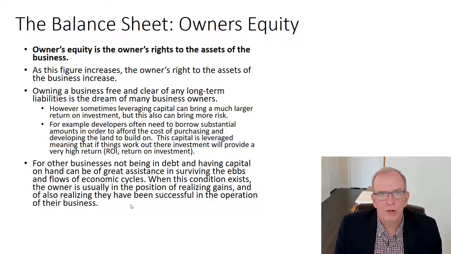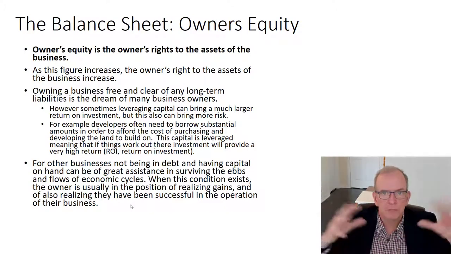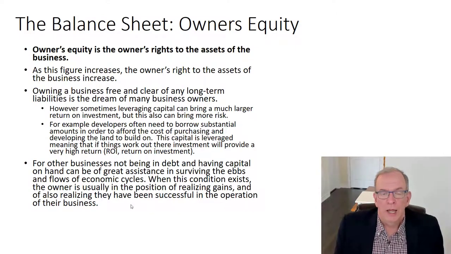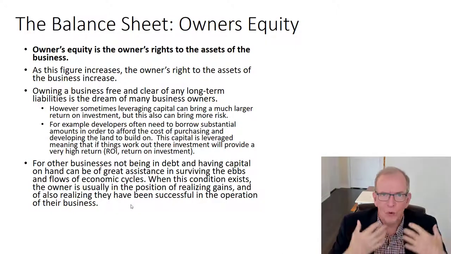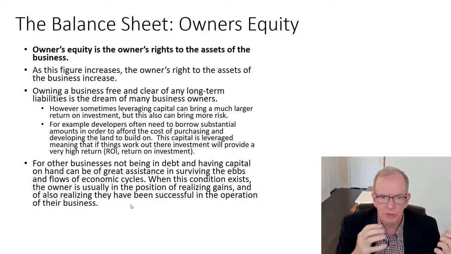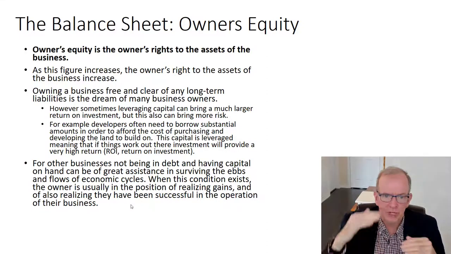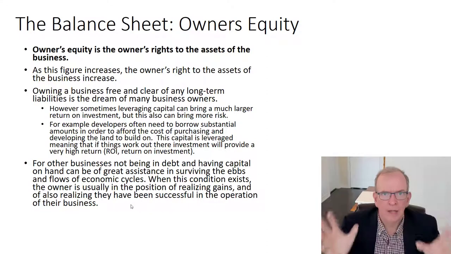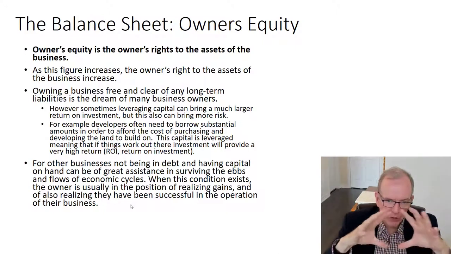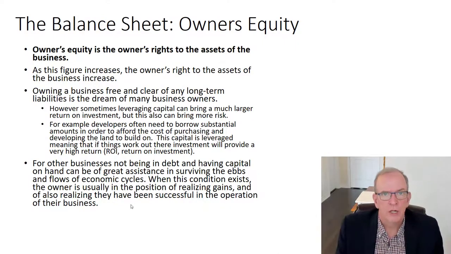However, if you're a small renovation company and you've got all this money owing and you really don't have a good strategy for why or how this happened, or it's highly leveraged and your owner's equity is really down while your liabilities are really large, that's a flag.